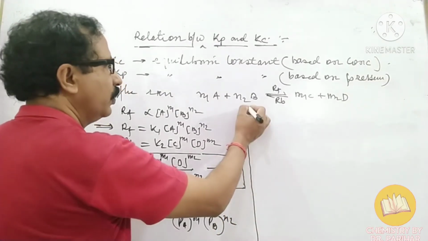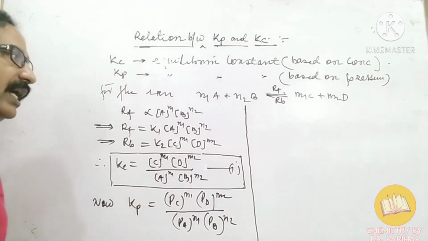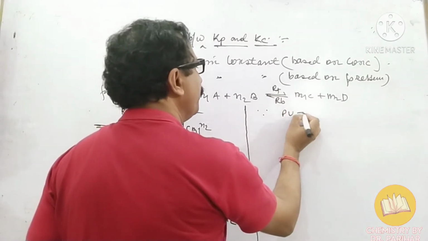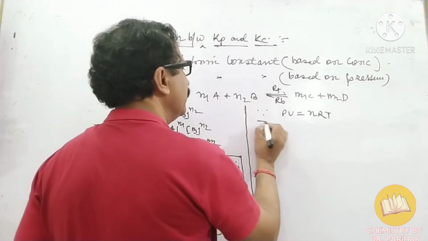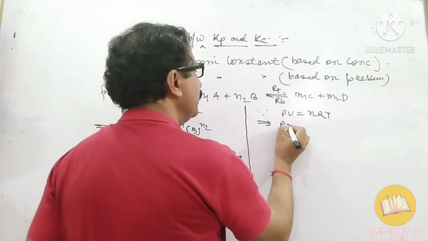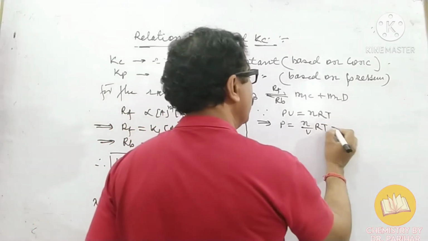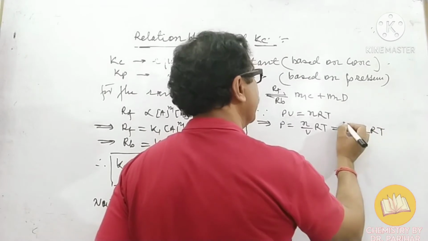Now, I hope everybody knows this: since PV is equal to nRT, which implies P is equal to n upon V into RT, which implies P is equal to CRT.